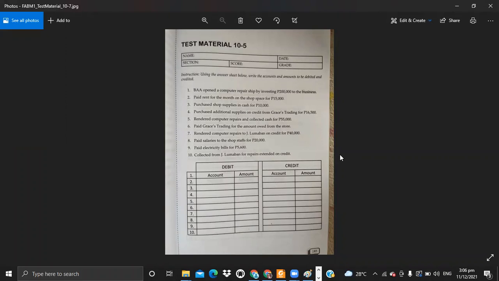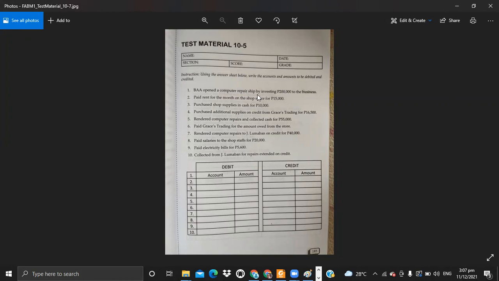Yung magkakagrupo, same with the organization and management. Yung original na groupings nyo, yun din yun. Okay? So, this one is individual. Debit and credit din to. Though unti lang naman siya, 1 to 10 lang.